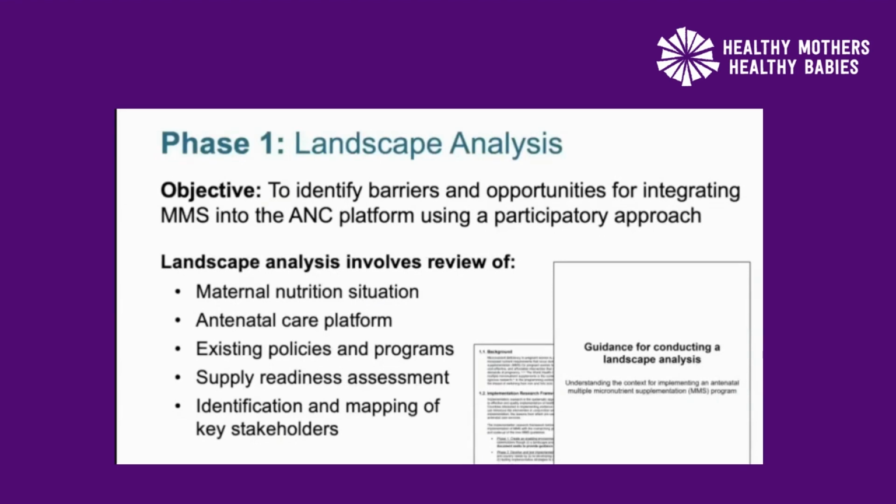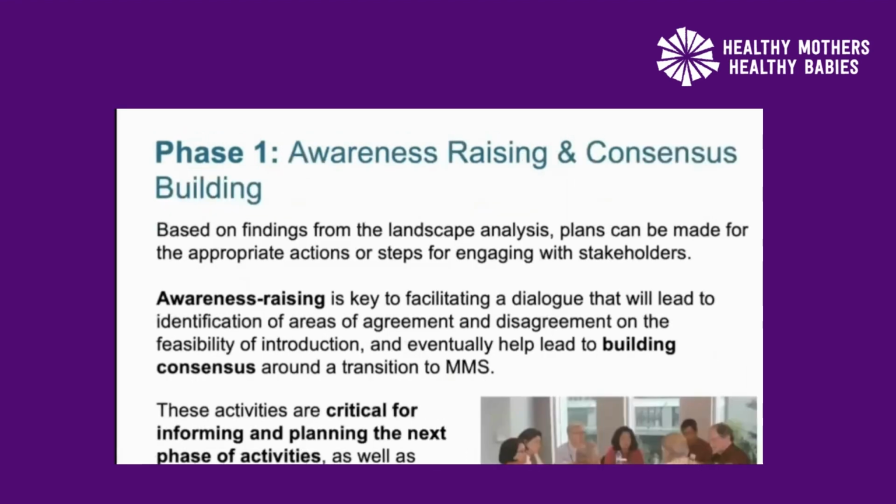Landscape analysis involves review of maternal nutrition situation, antenatal care platform, existing policies and programs, supply readiness assessment, and finally, identification and mapping of key stakeholders. Landscape analysis is followed by awareness raising and consensus building, 2 activities that are critical for informing and planning the next phase of activities.